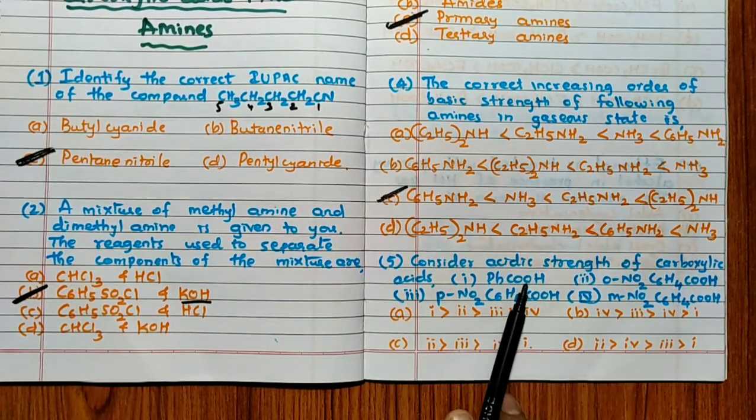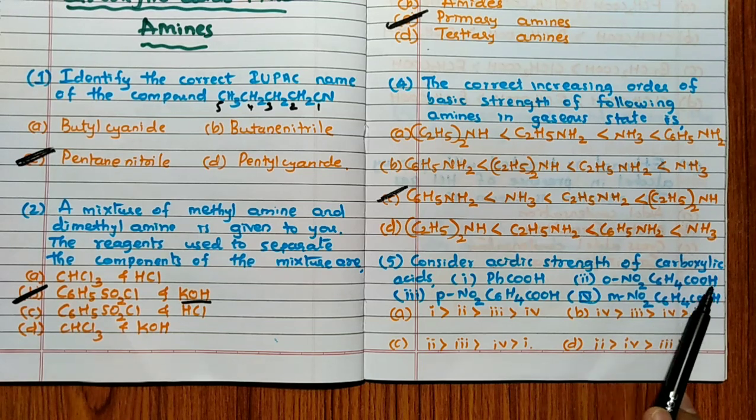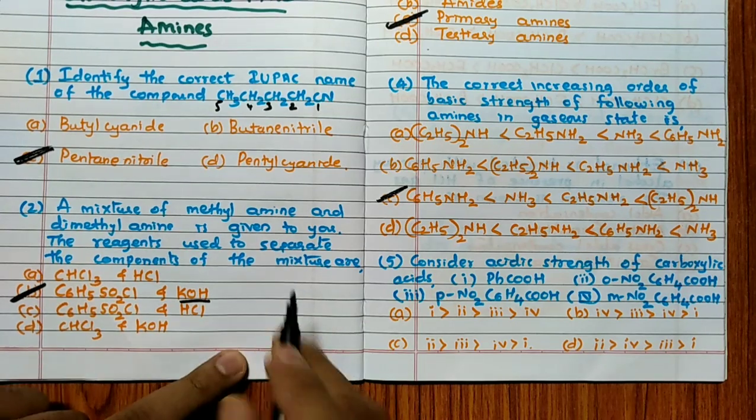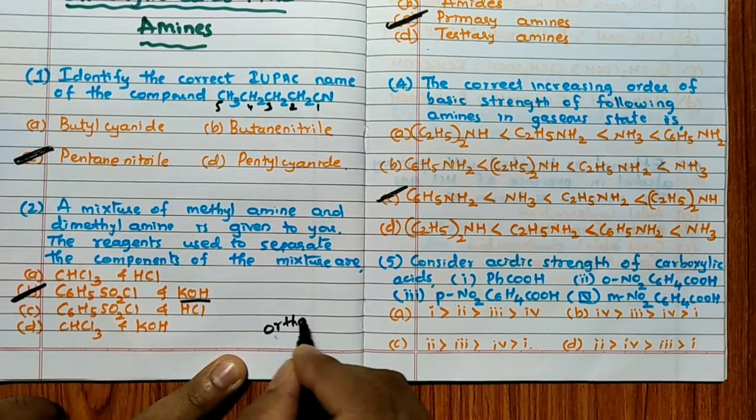Then consider the acidic strength of carboxylic acids. C6H5COOH is benzoic acid. Here C6H4COOH with NO2 means ortho-nitrobenzoic acid, para-nitrobenzoic acid and meta-nitrobenzoic acid. In this particular case, for the acidic nature we use another word, the ortho effect.